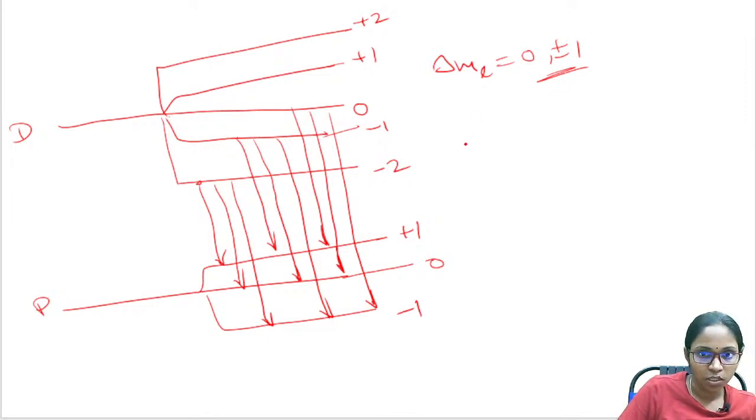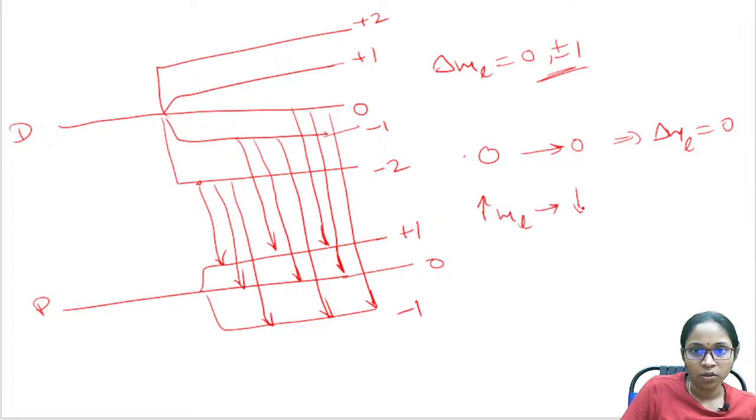Here I will give you a trick. If the transition takes place from 0 orbital to 0 orbital, the delta ML value is equal to 0. If the transition takes place from a higher ML value to a lower ML value, then delta ML is plus 1, positive.